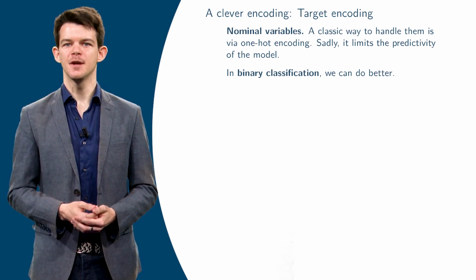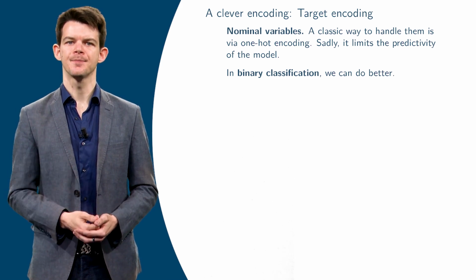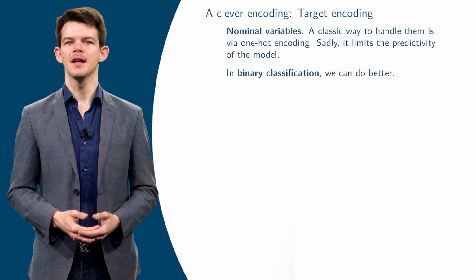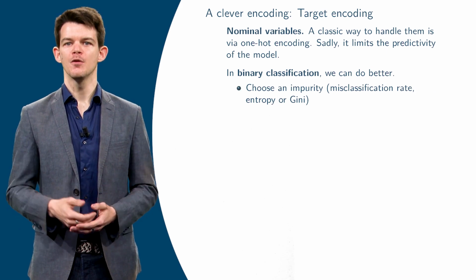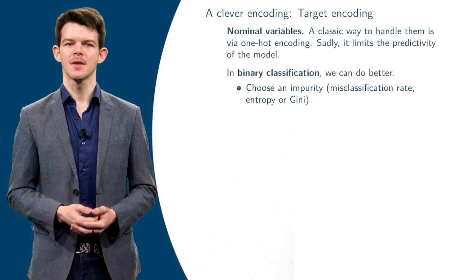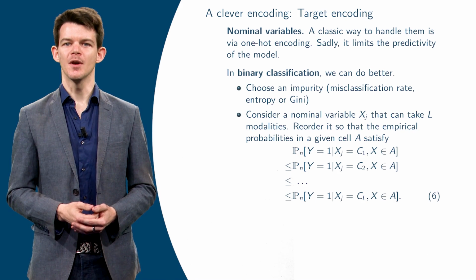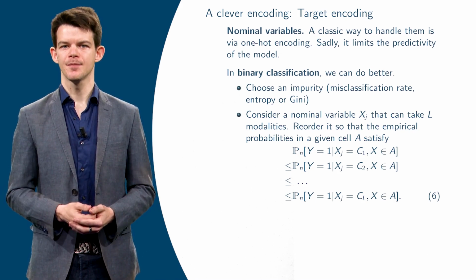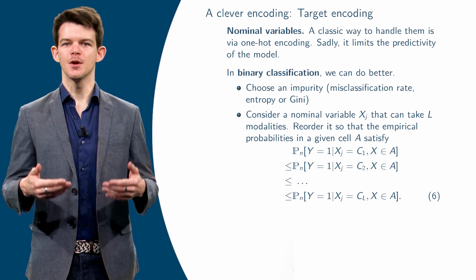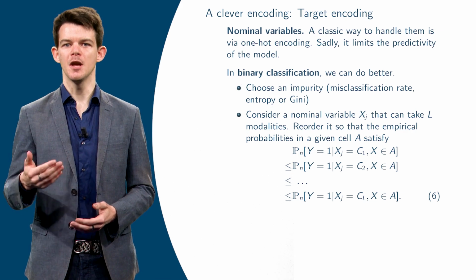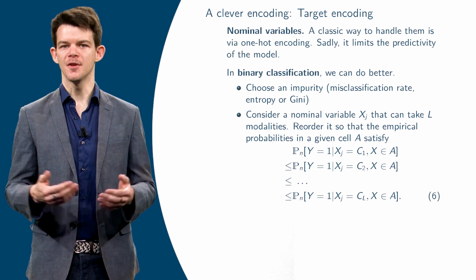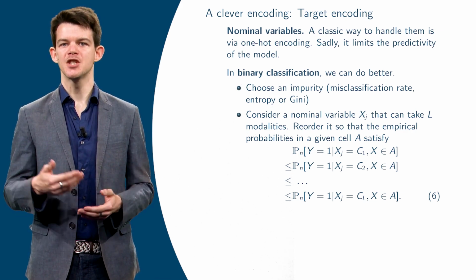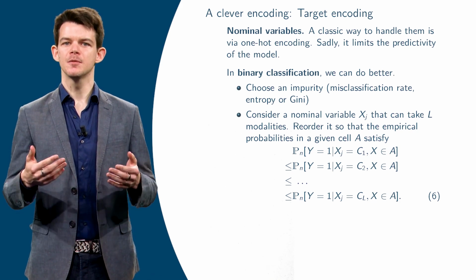Fortunately, in a binary classification framework, there is something better to do: target encoding. To illustrate this alternative method, let's choose a cutoff criterion, for example, the error rate. Let us then consider a nominal variable xj that can potentially take a large number of modalities. We will reorder the modalities of this variable so that the frequency of occurrence of observations with a label y equal 1 among observations with the first modality, xj equal c1, is the smallest.